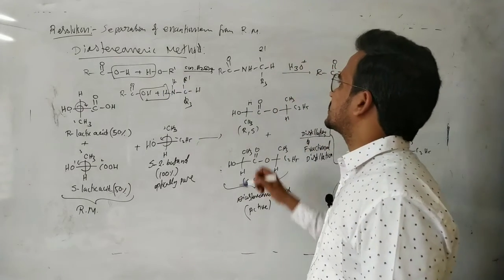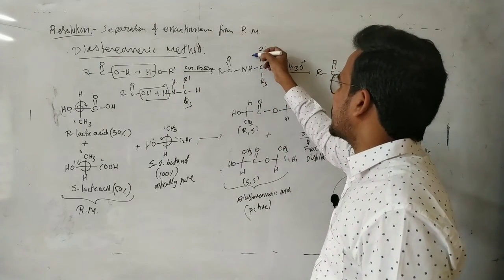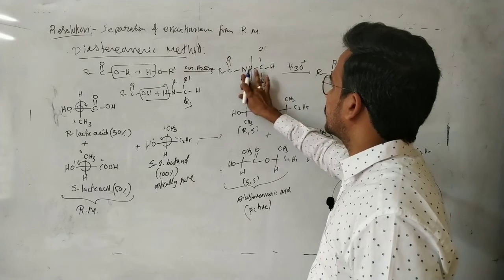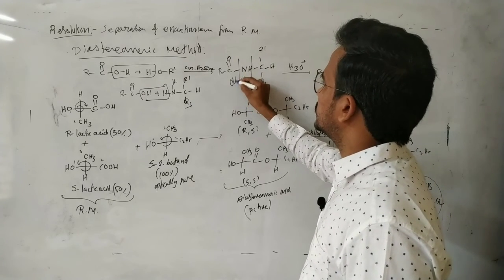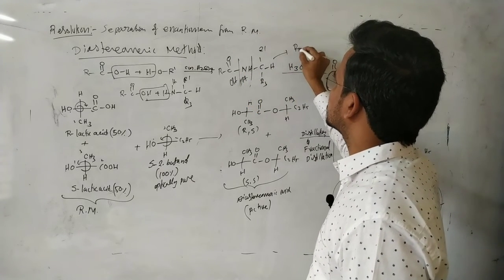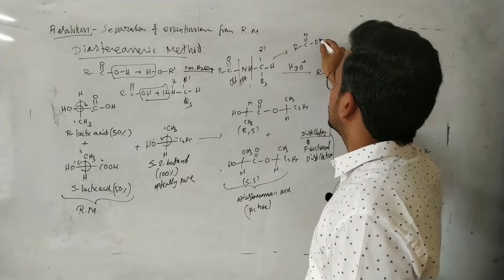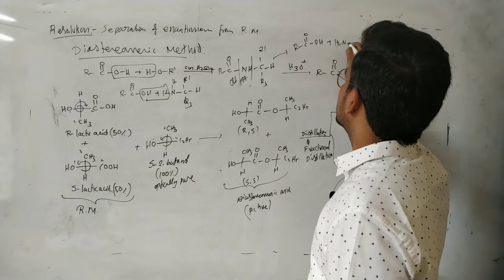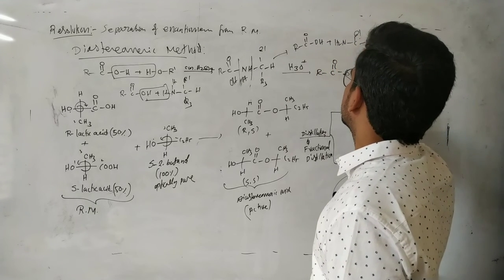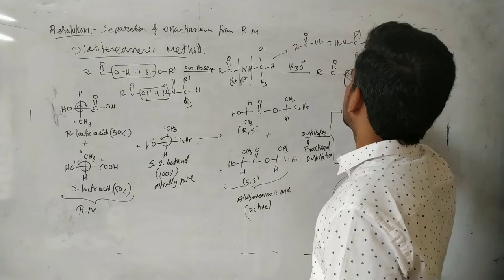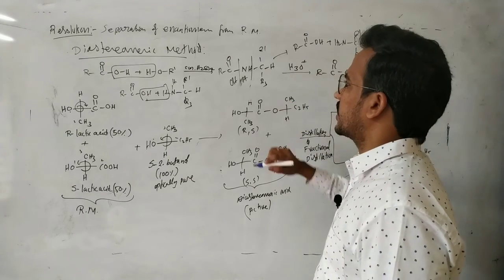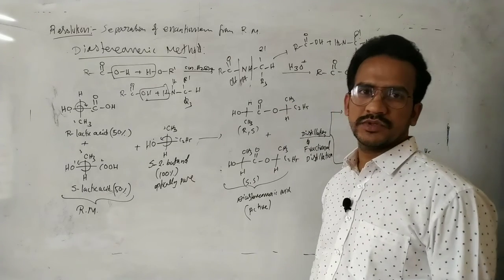So now after separation, again this amide on hydrolysis, your OH, your hydrogen, again these two are separated. RC double bond O, OH plus NH2, C, R dash, hydrogen, R2 or R3, different components I am taking. So like this.